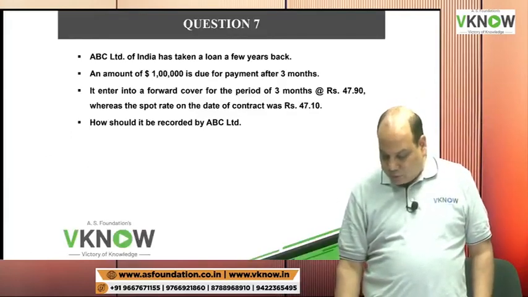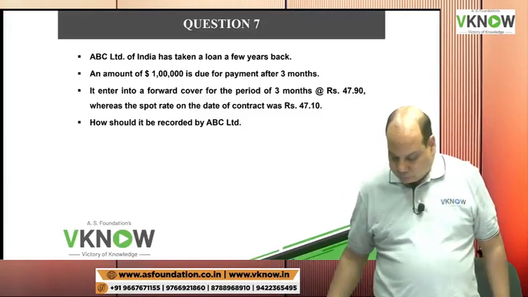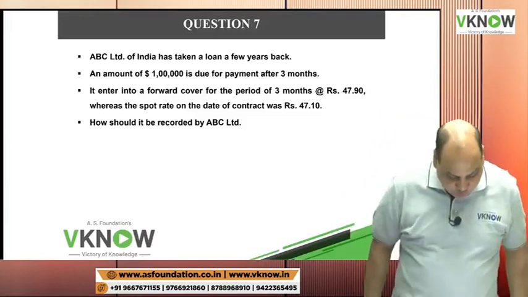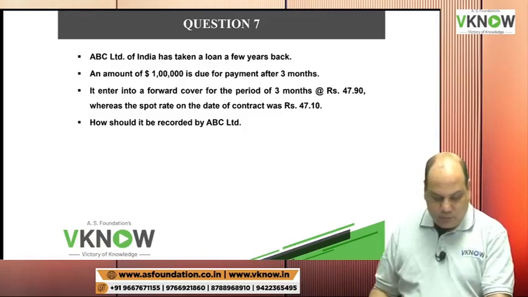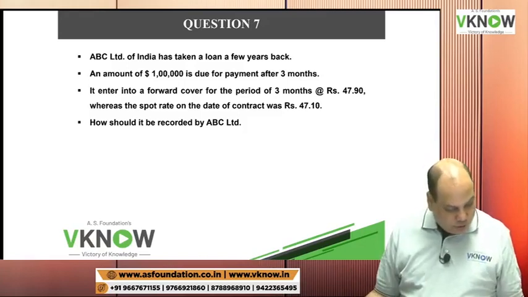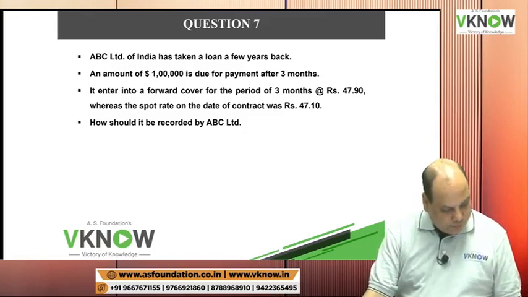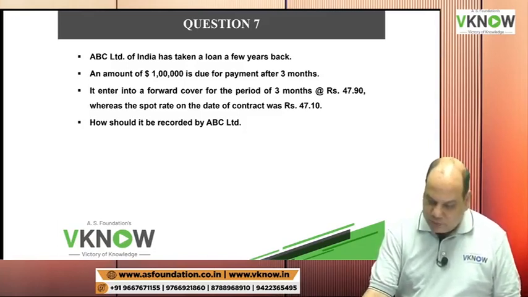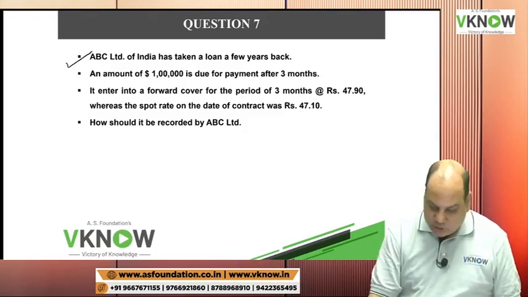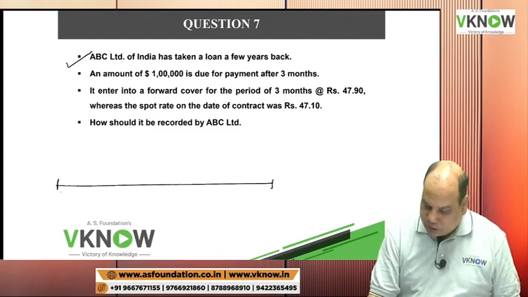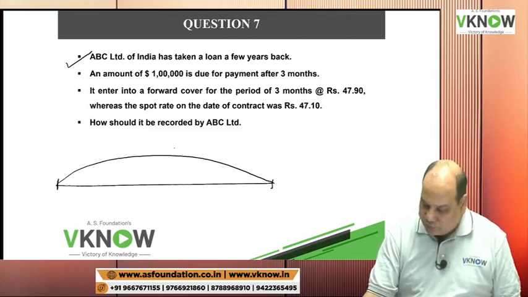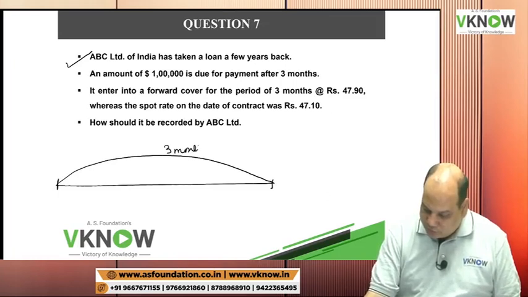Now, the last part of this question is, or before we go to the last question part, there is one question number 7 in the next page. After 2 pages, question number 7 will be there. Let us discuss this also. ABC Limited has taken a loan a few years back. An amount of $1 lakh is due for payment after 3 months.